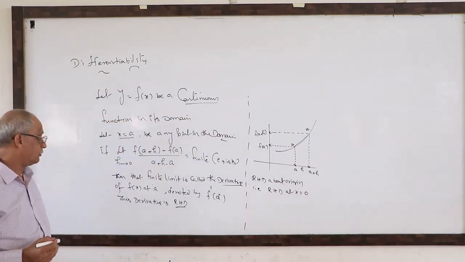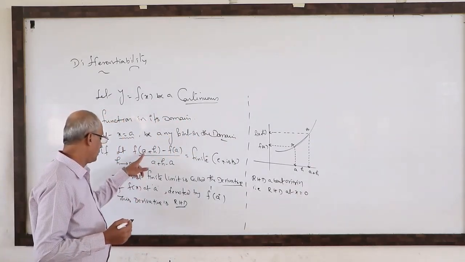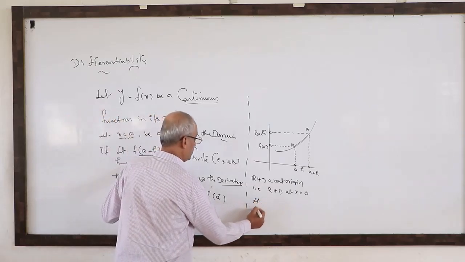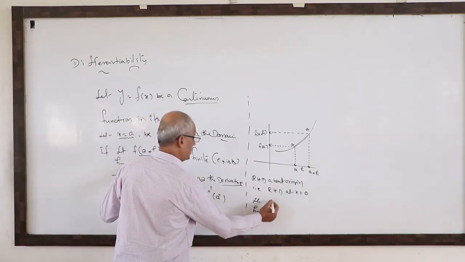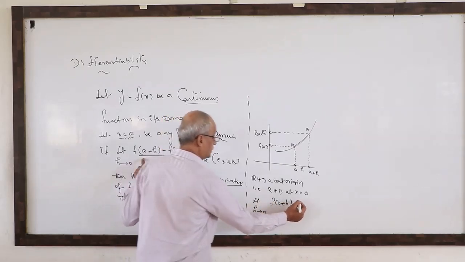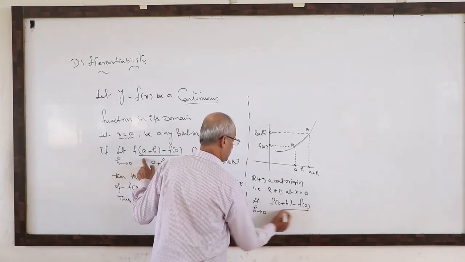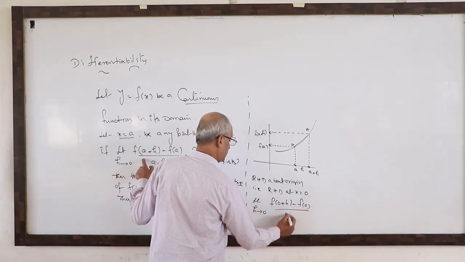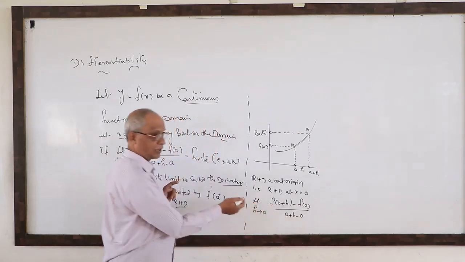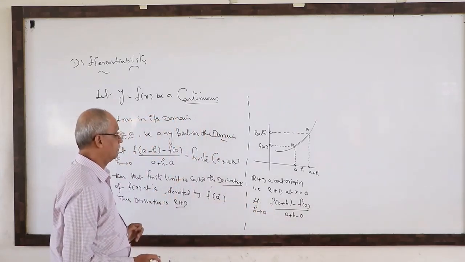At x equal to 0 means a value 0. Now you see, limit h tends to 0, f of 0 plus h minus f of 0 by 0 plus h minus 0, zeros cancel.